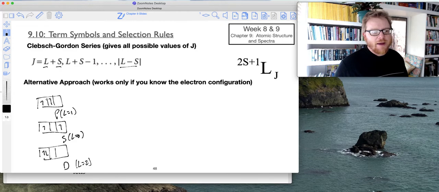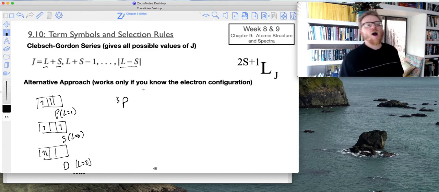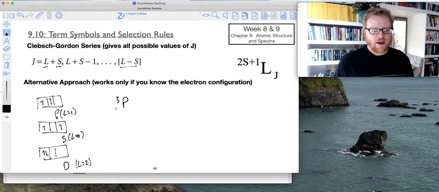So now that means in my terms, if I look at this here, so this is a triplet, right, because they're unpaired. So I could write that as triplet P. And now, because I've specified the fact that it's a triplet and a P, right? So triplet corresponds to S equal to 1. So then I could get a triplet P2 as my term symbol.